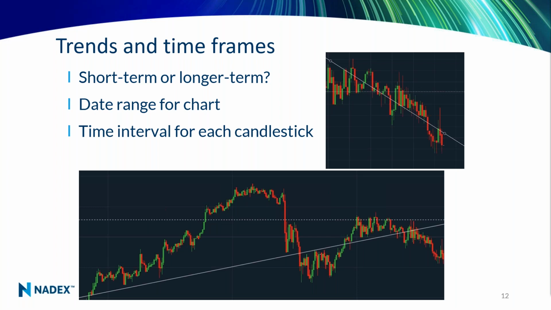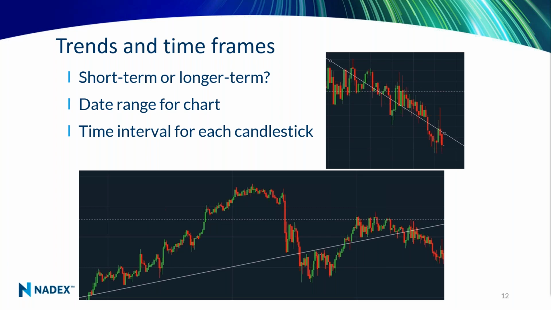I could still use 15-minute candlesticks and look at the last 3 hours, but I have to realize that each candlestick is 15 minutes, and that might give me one picture. But if I drop my time frame or expand the time frame of the candles, it might give me a different picture. So when you're identifying trends, the time frame of what you're looking at is relevant, and you've got to make a determination.